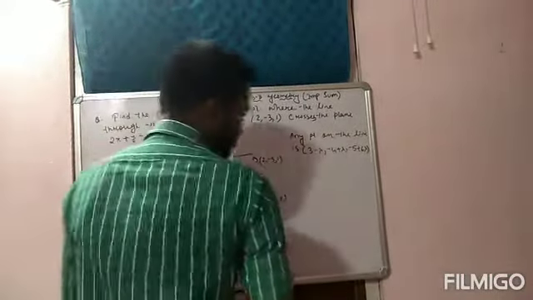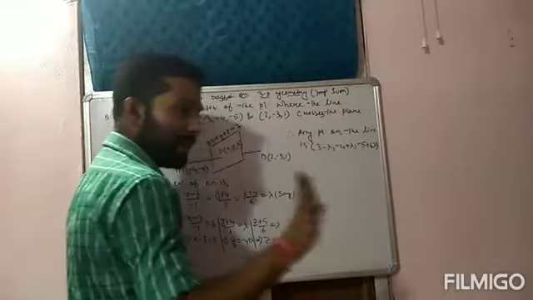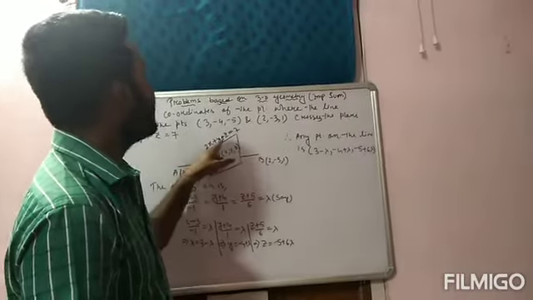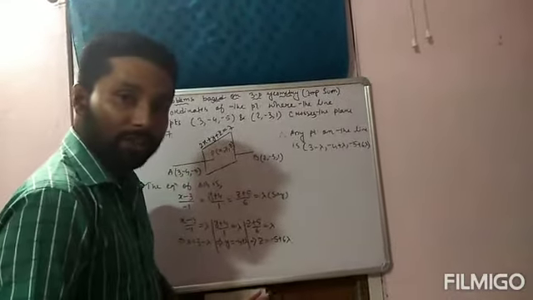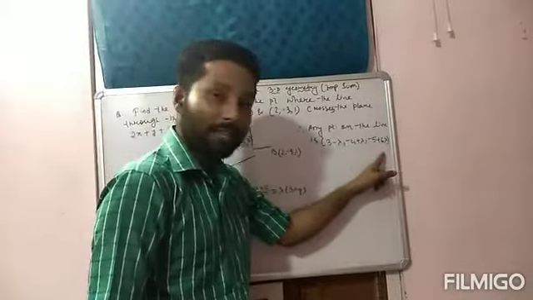Okay, now since the point P lies on the plane, that means we can say that the coordinates of P will satisfy the equation of the plane. Yes or not? So the coordinates of the point P means these coordinates only, these are the values of x, y, z.